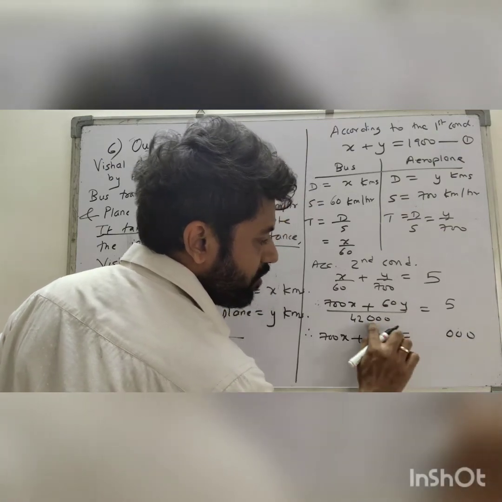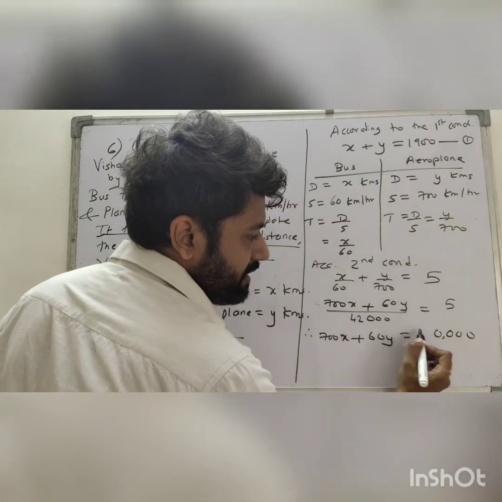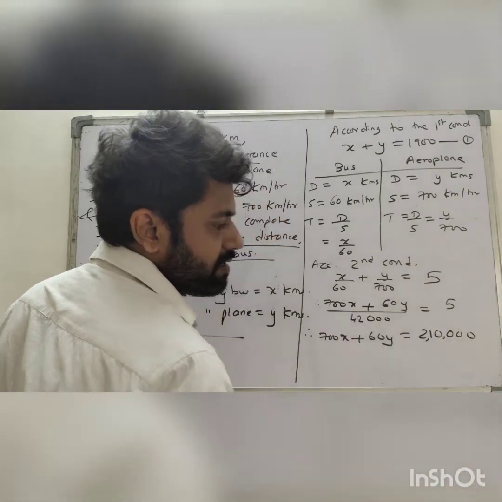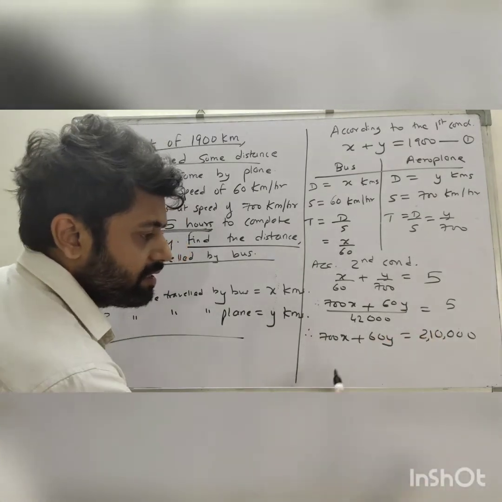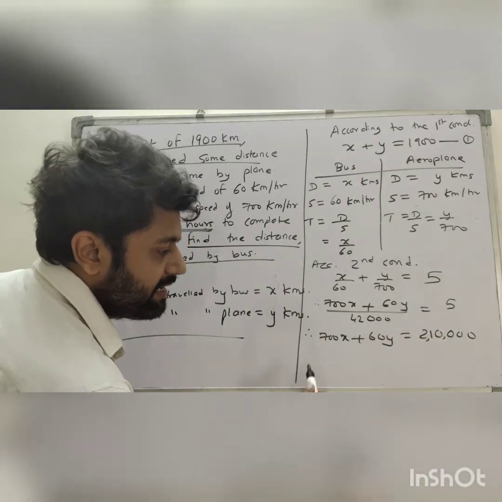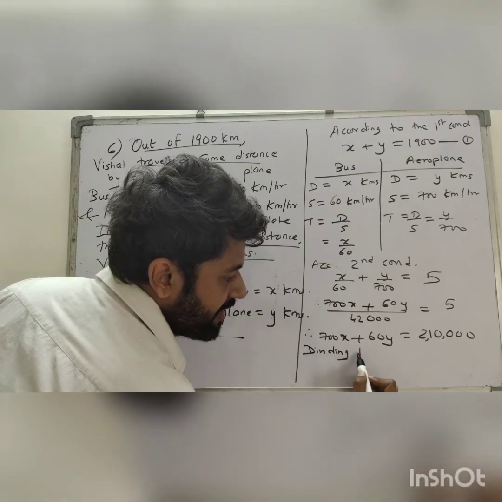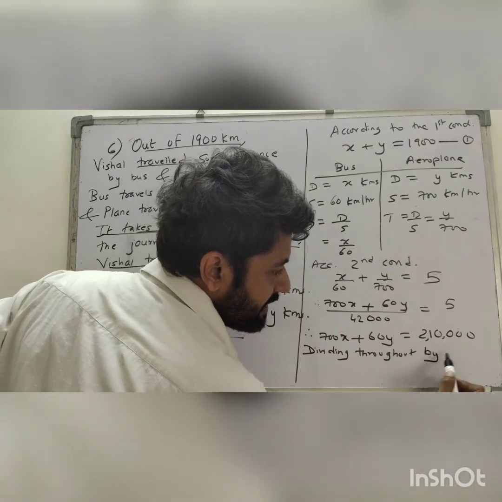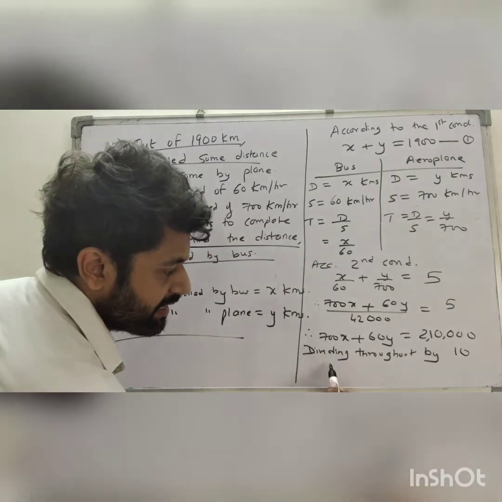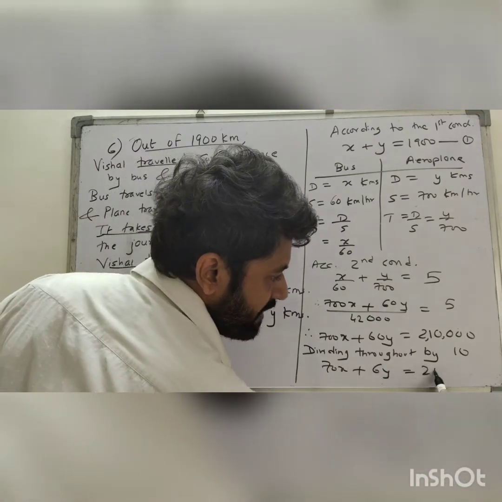The 3 zeros are already there. 5 2s are 10, 5 4s are 20, so 210,000 is the number. Dividing throughout by 10, the common factor here I am finding is 10. I get 70x plus 6y is equal to 21.